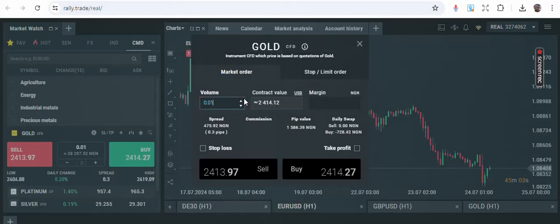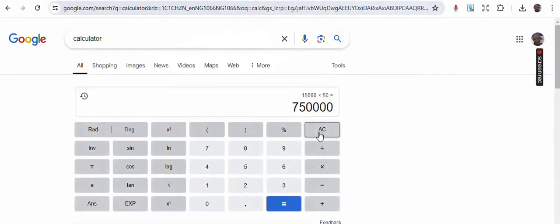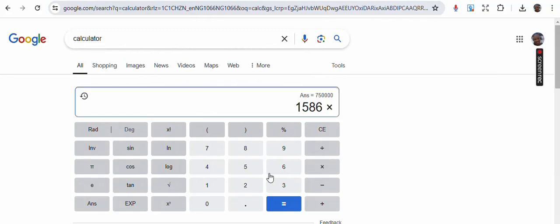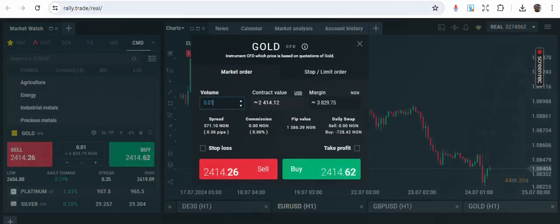Let's say 0.01 per pip is 1586. So let's do that calculation. 1586 times 850 pips if you hold the trade for 4 days. This will be giving you a profit of 1,348,100 naira that you'll be making in just 4 days of trading with 0.01.